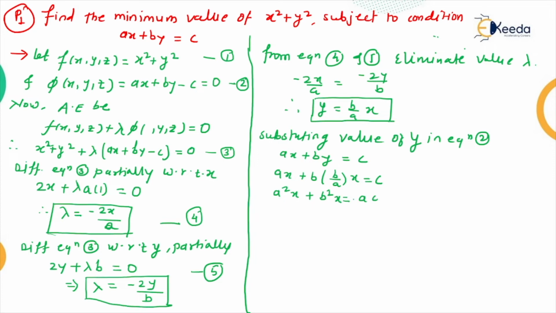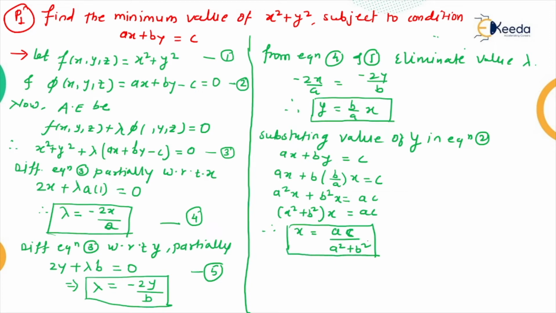So a square x plus b square x equals ac. Now x is common, so this becomes a square plus b square into x equal to ac, and therefore x is equal to ac divided by a square plus b square. This is the value of x.